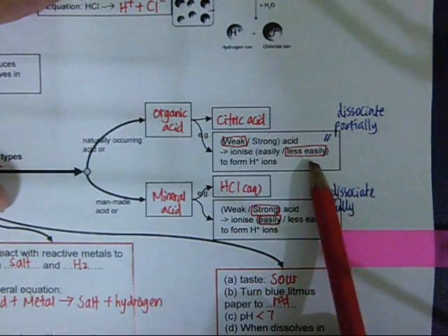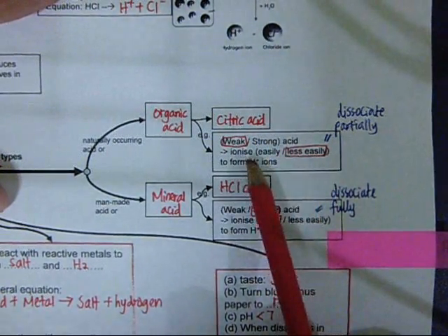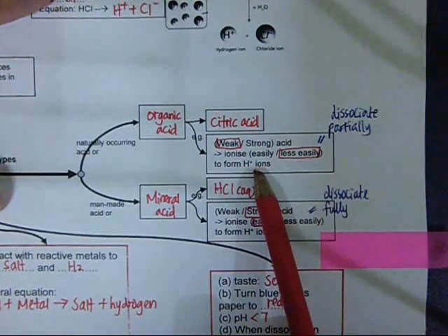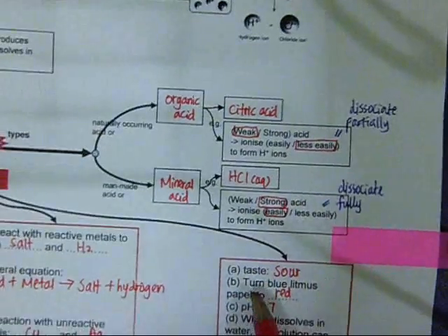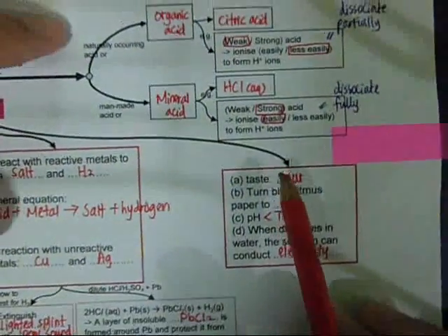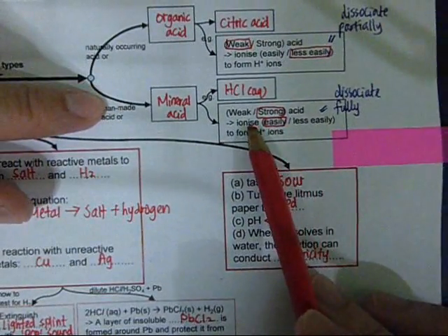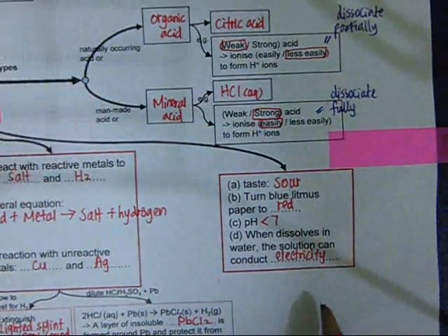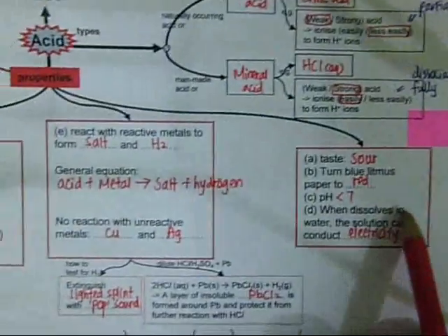So you can also say that weak acid is acid that dissociates partially to form hydrogen ions in water. For strong acid, that will be ionizes easily or dissociates fully. Okay, weak acid and strong acid.